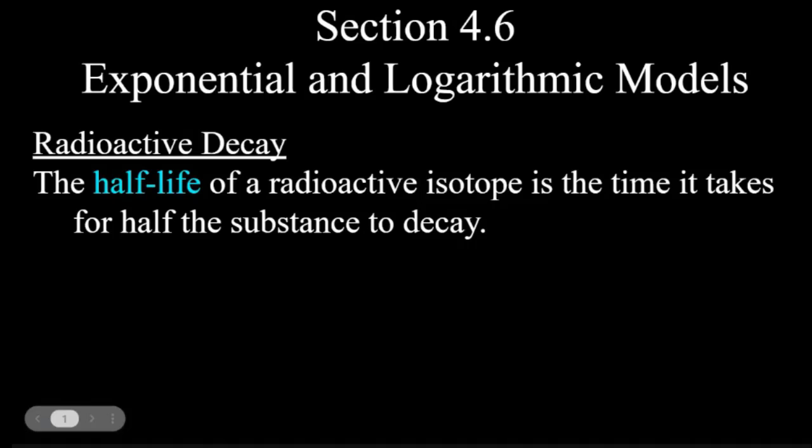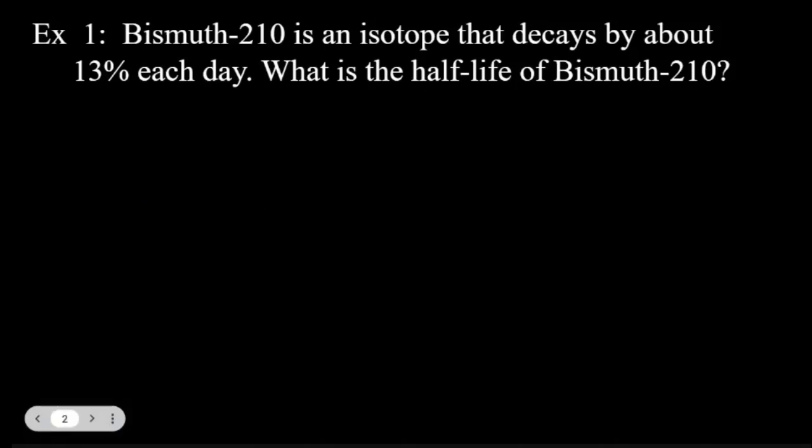Then if you go through another full half-life, you'll get down to like 25 pounds because, again, half of what's left has decayed. And then if you go through another half-life, you'll be down to like 12.5 pounds because another half of what's left has decayed. So this is how a half-life works. It just keeps cutting things in half over time.